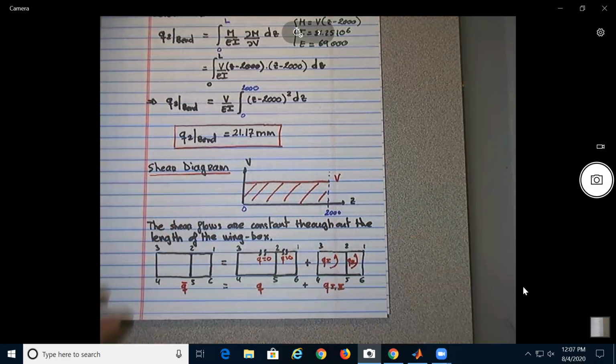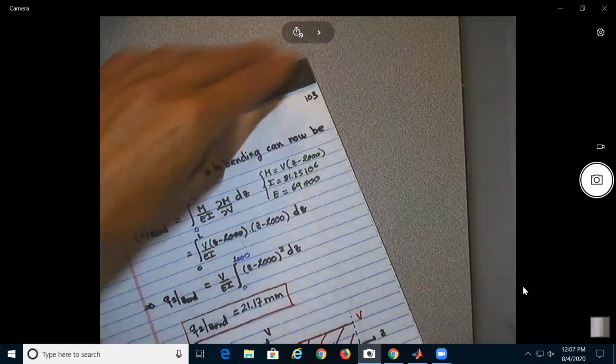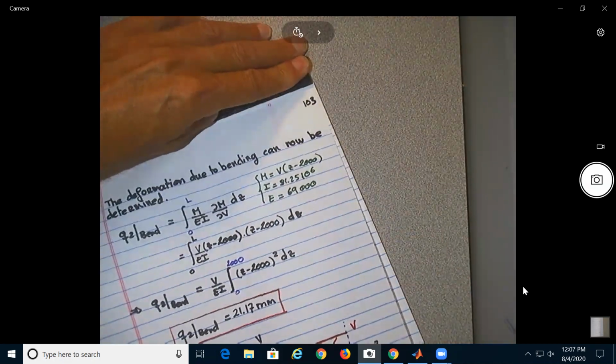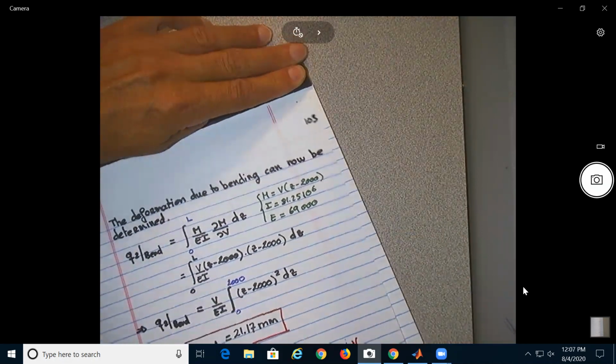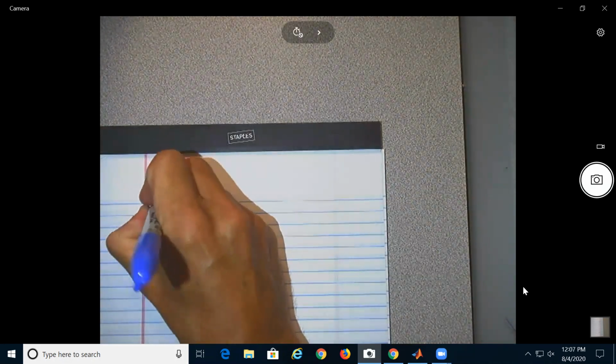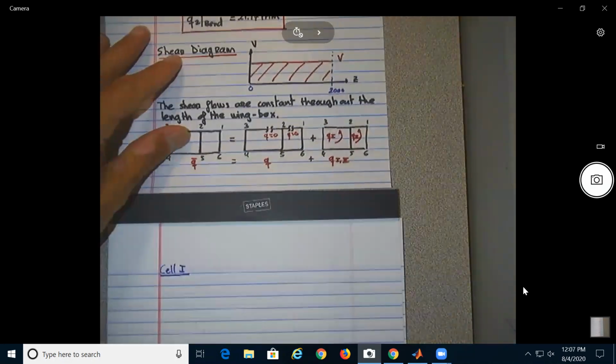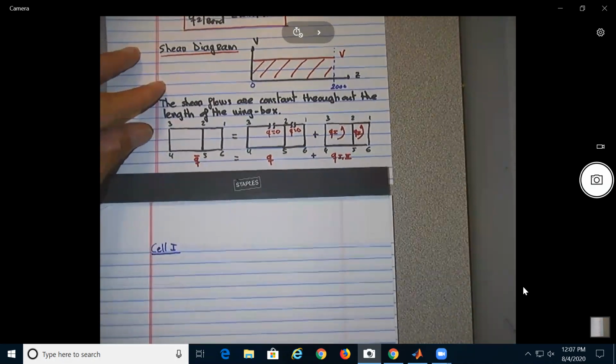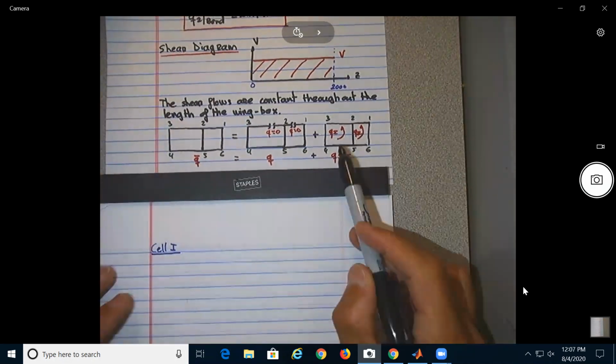Okay, so from this figure, let's say we start by cell 1, this one over here.